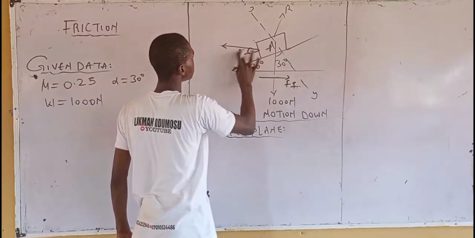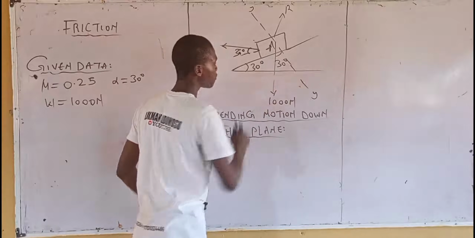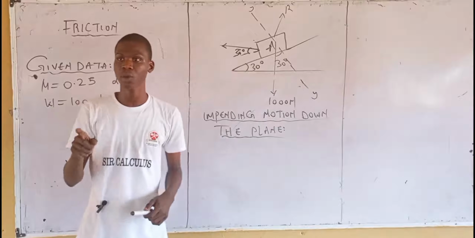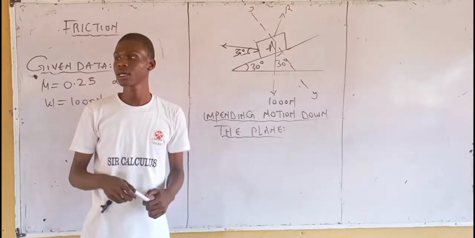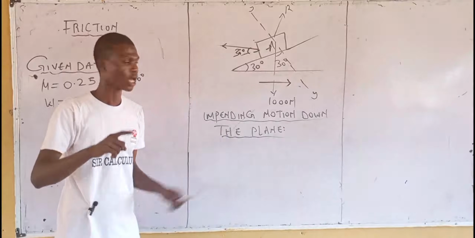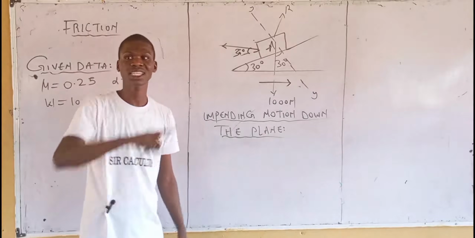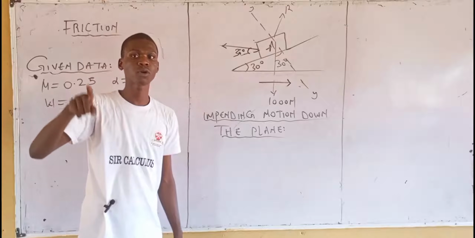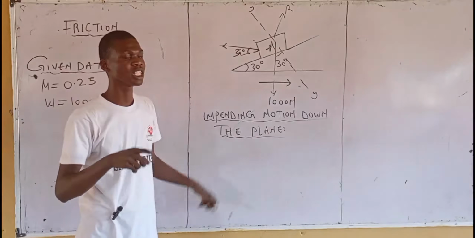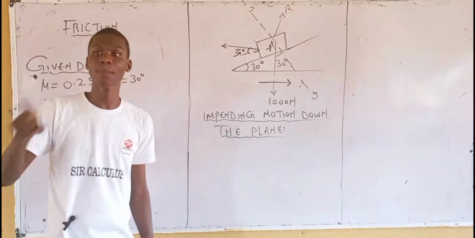30 degree. Then my frictional force, I'm still solving for impending motion down the plane. In what manner will my frictional force act? Like this. From what I said generally, when you are solving impending motion down the plane, it means your frictional force will go in the same direction as the applied force.